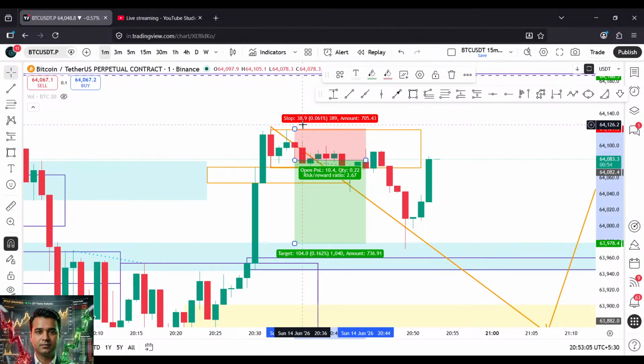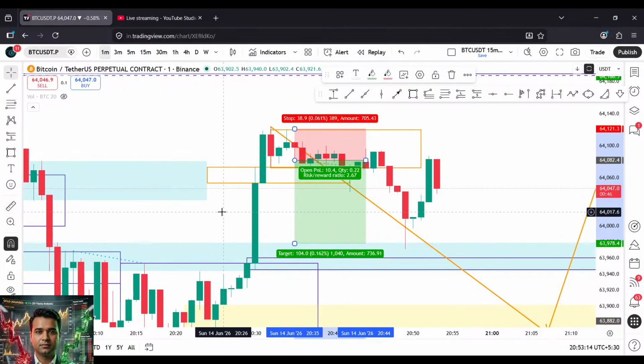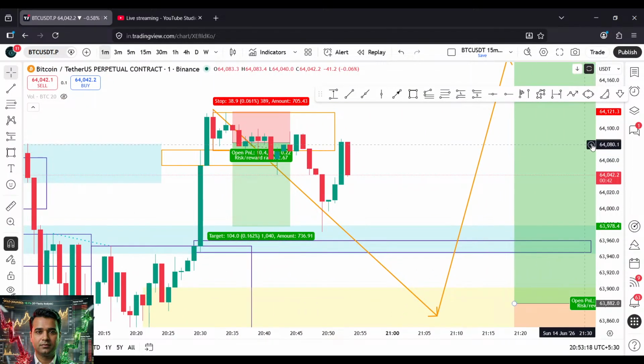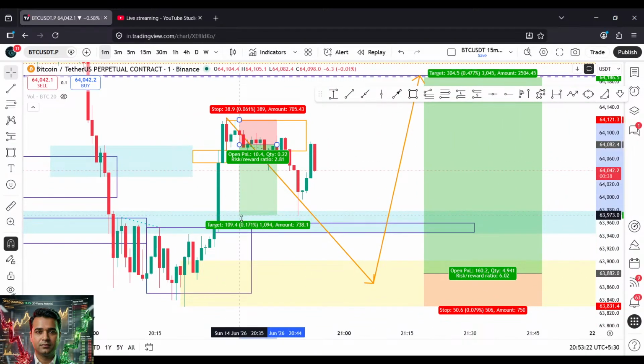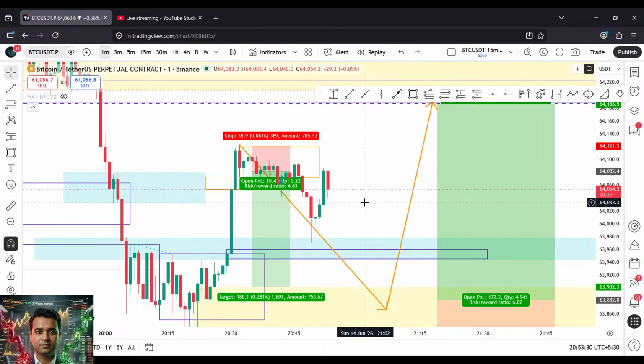Risk reward is on the lower side. Look at the risk reward. Risk reward is very low. That is not a viable trade. What you can do in this case, you can trade till here like this, or before you set the reversal setup.